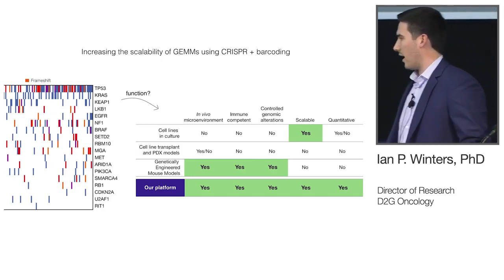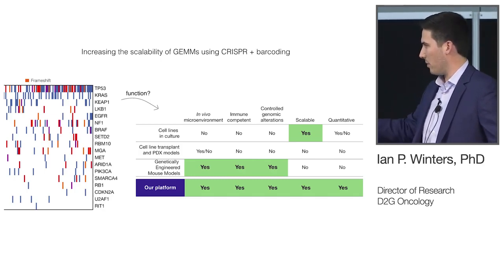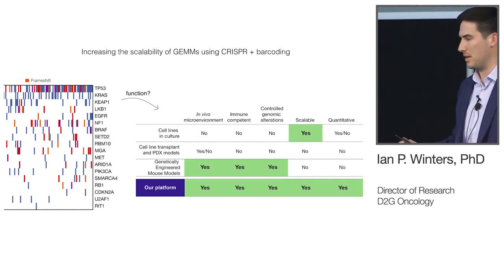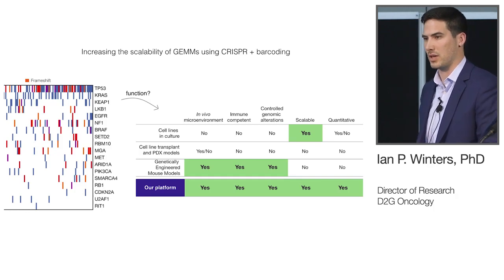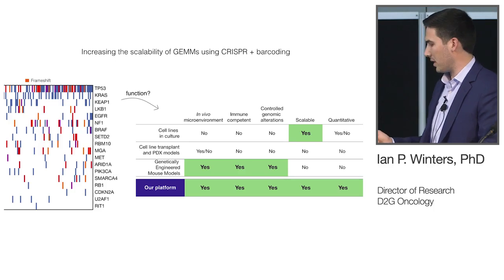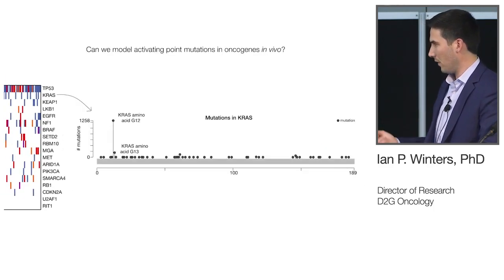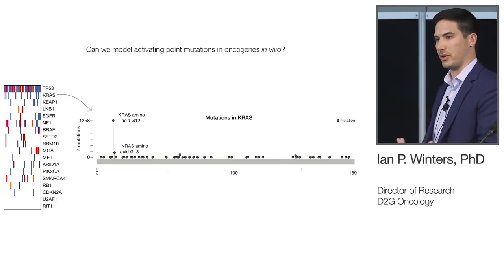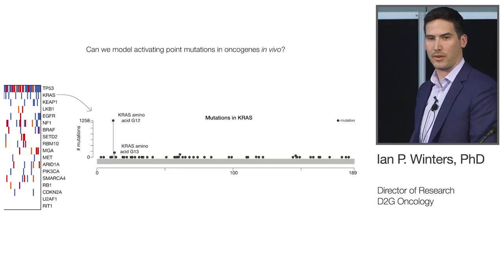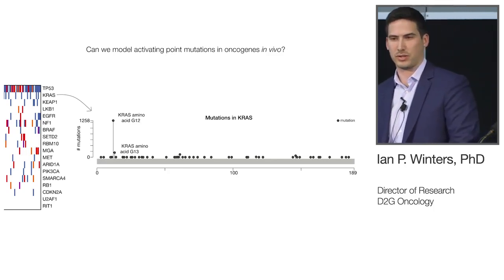So I hope I've convinced you that this platform, in the in vivo microenvironment in this autochthonous setting, is a more scalable and quantitative system to start studying the function of these genetic alterations. But there's one thing that's missing, which is if you look at this list of genes, everything that I've talked about so far has been some oncogenic driver in the germline in the mouse plus inactivation of a tumor suppressor using CRISPR.